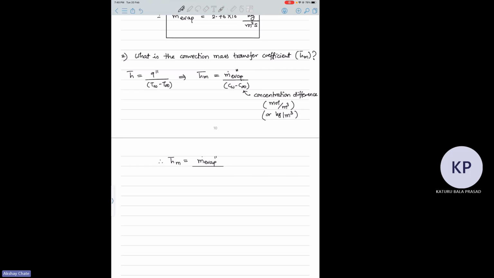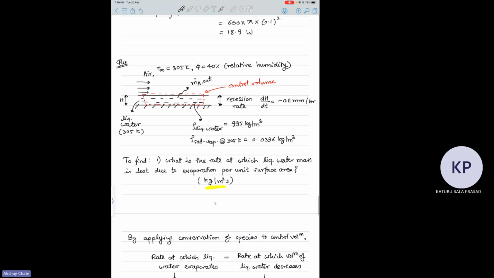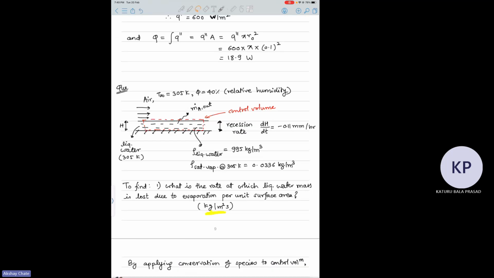So now the concentration. What is the concentration difference? See here the relative humidity is 40%, and this water is saturated liquid water, right? Then only evaporation is taking place.